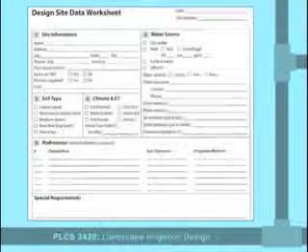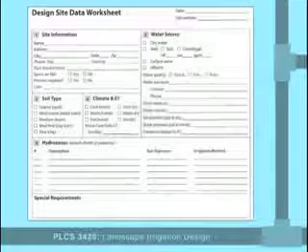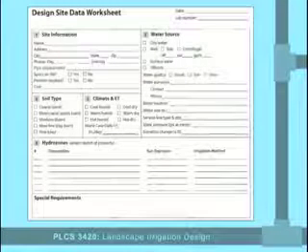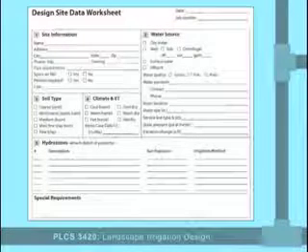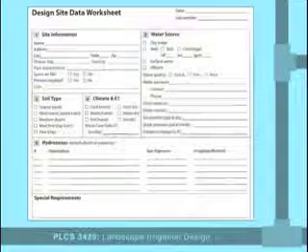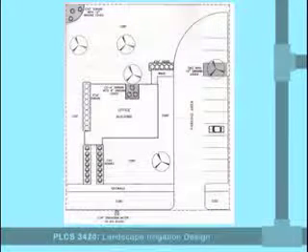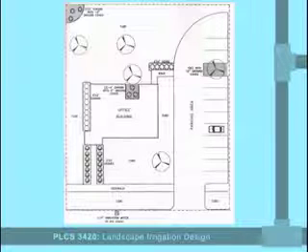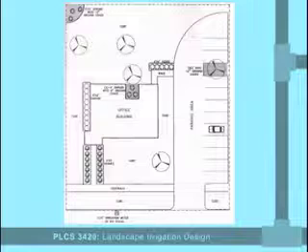So, just as a quick example, here is the design site data worksheet that you might work from. Of course, you could always develop your own. And let's just say we were designing for this particular property, which, by the way, is an example that will be worked through over the course as a group as we begin this process.